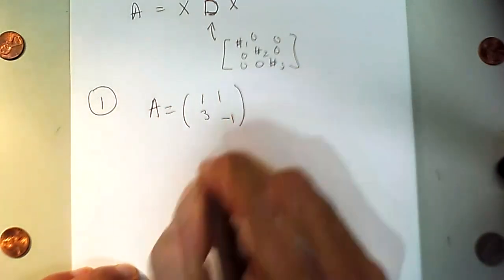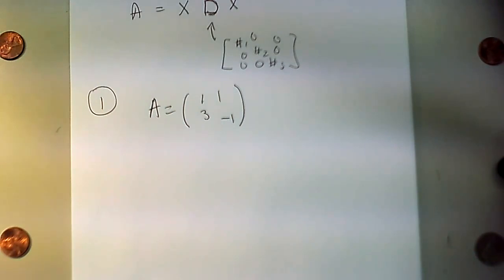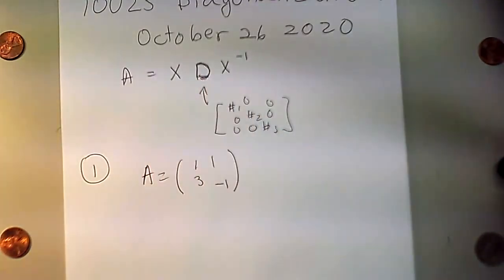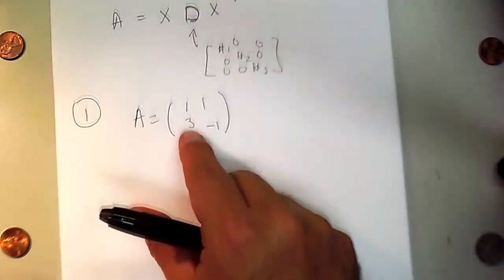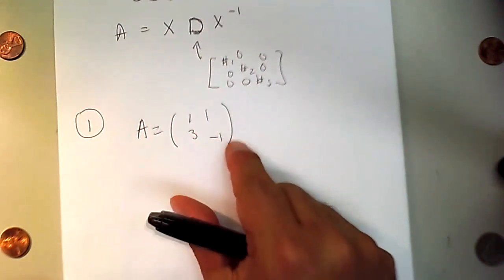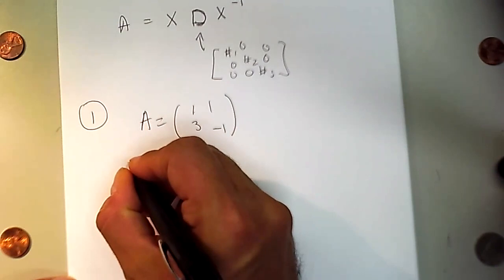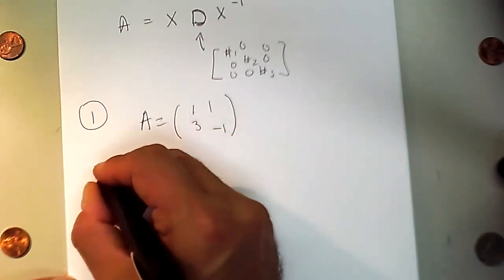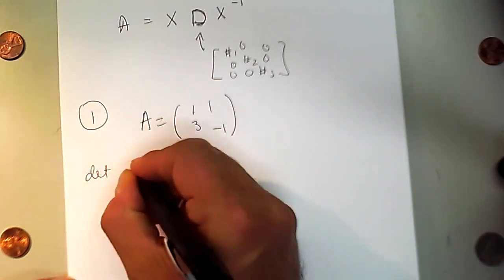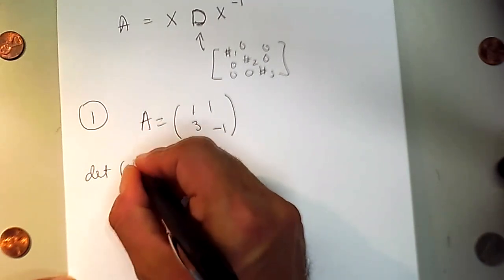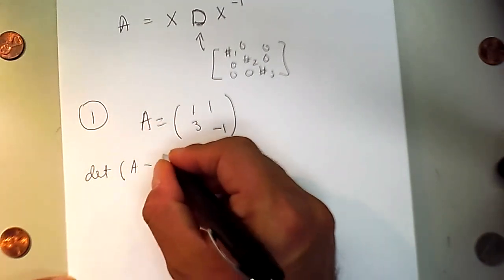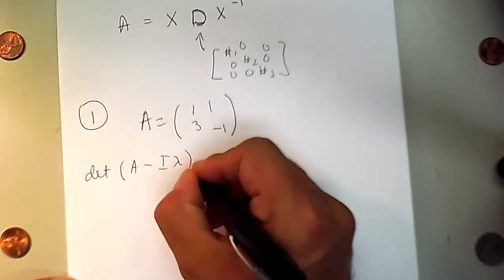There we go. And we want to factor that into this setup. So first, we need to find the eigenvalues of this matrix. So we do the determinant of A minus the identity times lambda.